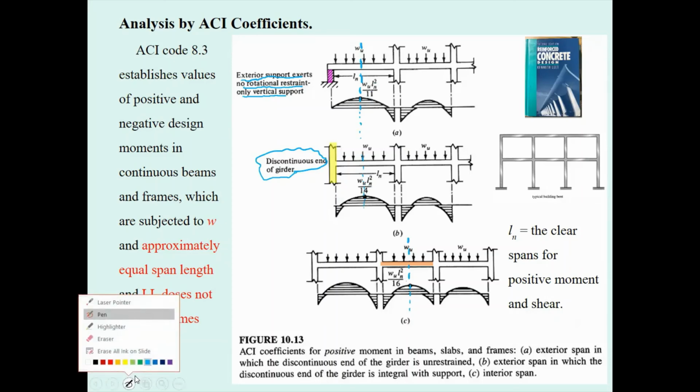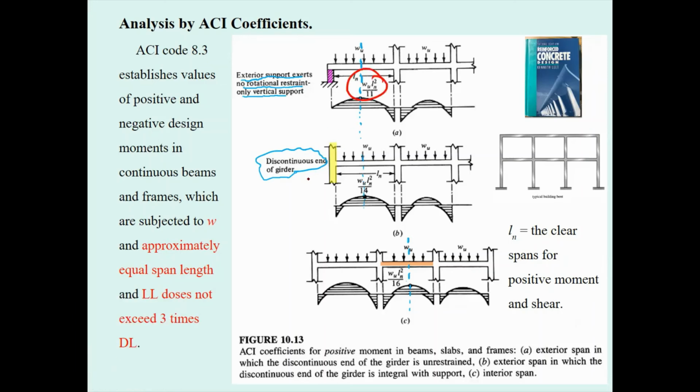And if you compare them, you can see that the first one will provide the largest moment, since its coefficient is going to be the largest compared to the second and the third. Okay, so you must be very careful. You must classify your beam before you select the moment coefficient from the ACI code.